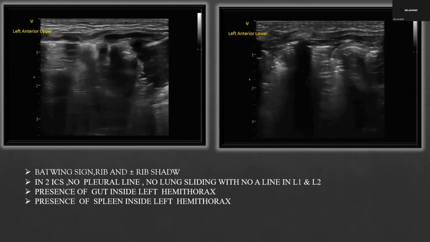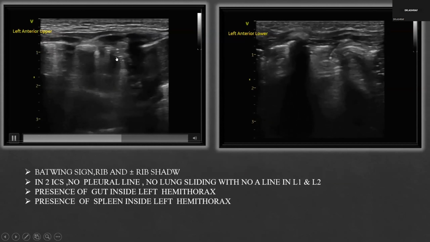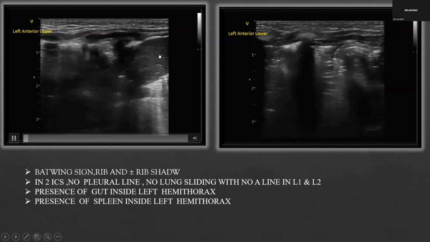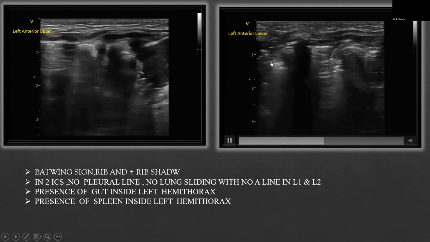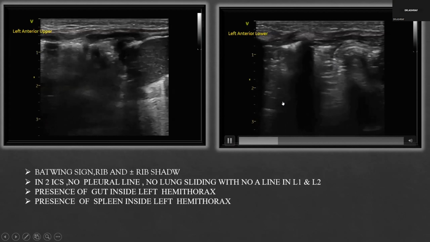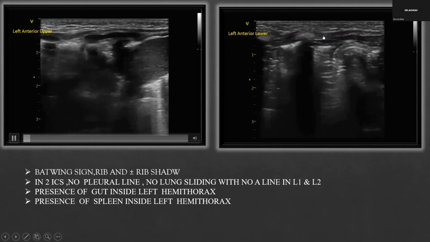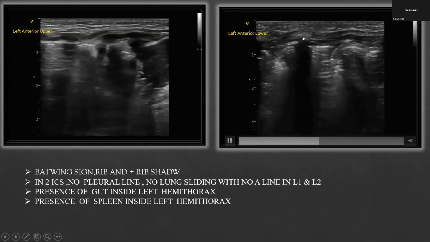This is the scan, the left anterior upper. Here is some gut, and this is the spleen. Here also the gut is moving like this. Here is the batwing sign, because you have organs underneath in the thoracic cavity.